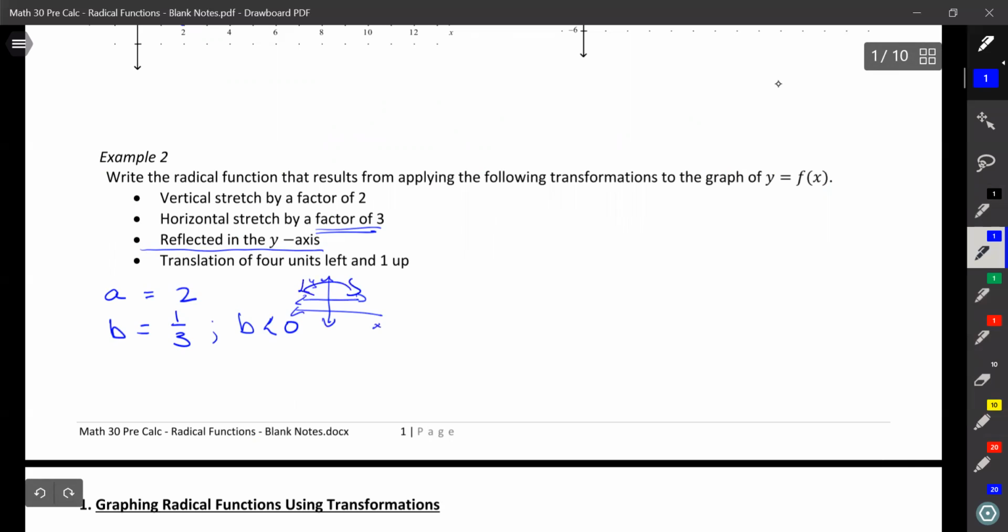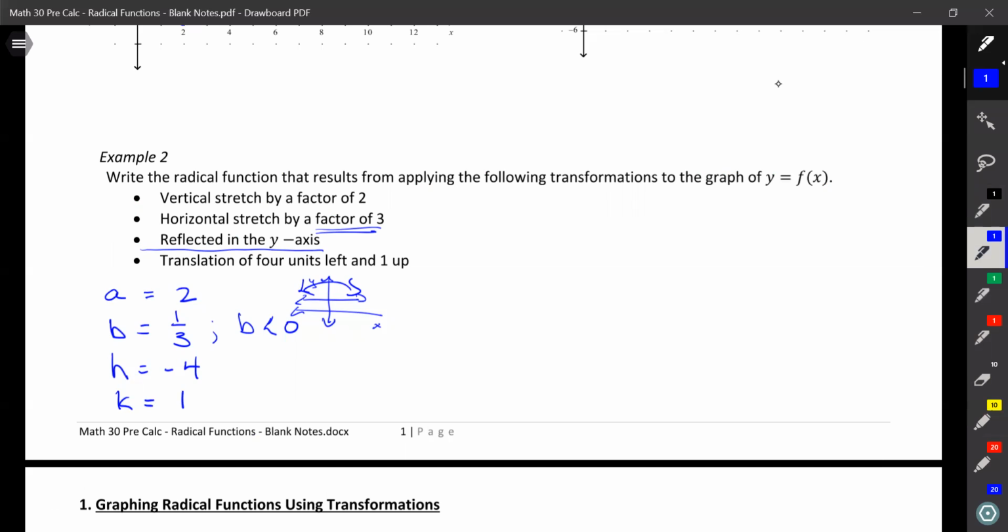So that's the way it's flipping. So that means it's a horizontal, so that means b is negative. We're told there's a translation of 4 units left. So left, right is horizontal. 4 units left would be negative 4. And k, which is the up, down, the vertical, and it says 1 up, so that's positive 1.